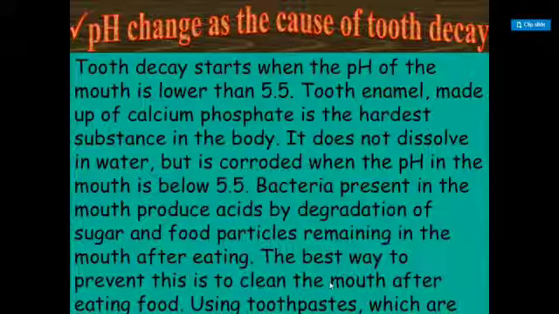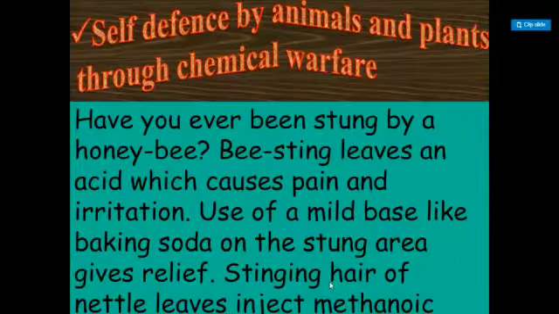Bacteria present in the mouth produce acids by degradation of sugar and food particles remaining in the mouth after eating. The best way to prevent this is to clean the mouth after eating food using toothpaste, which are important for ourselves.